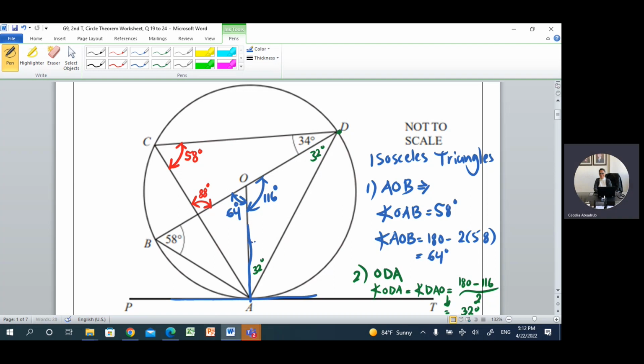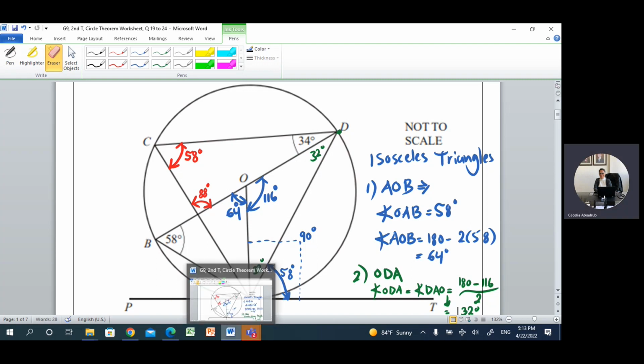This angle here is 90 degrees. And if we subtract 32 from 90, so 90 minus 32, it will come down to 58 degrees.